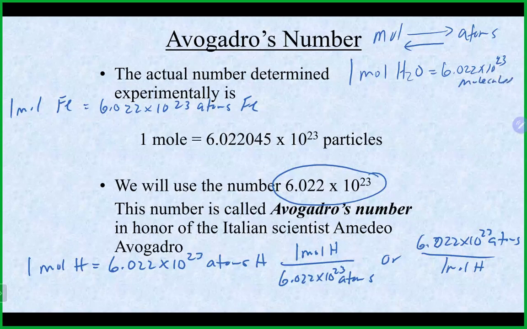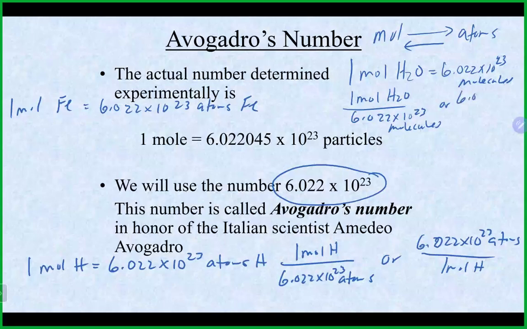Here we use molecules because water is a molecule. If it's just an element by itself, we use atoms as sort of the unit involved there. We could write the same sort of conversion factors, 1 mole of water over 6.022 times 10 to the 23 molecules, or 6.022 times 10 to the 23 molecules over 1 mole of water.